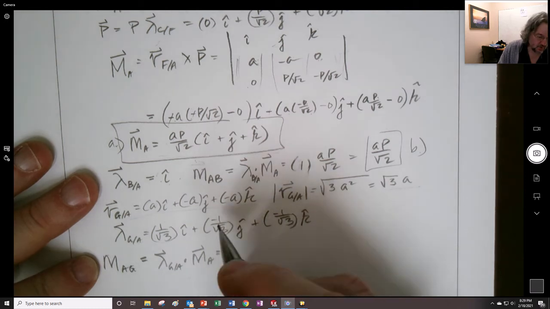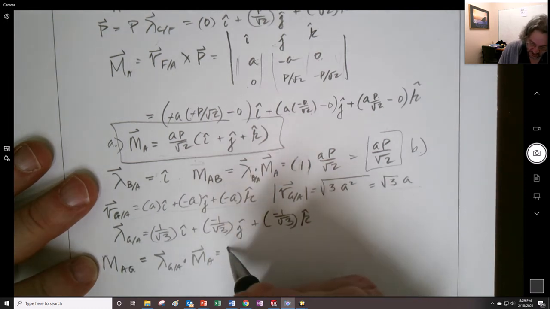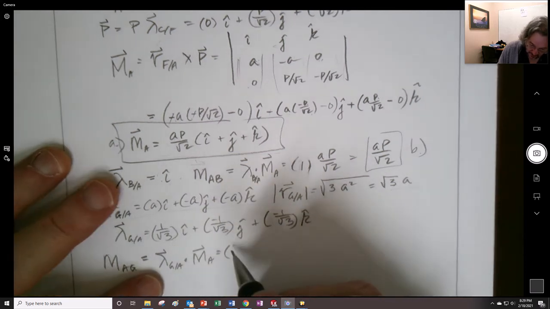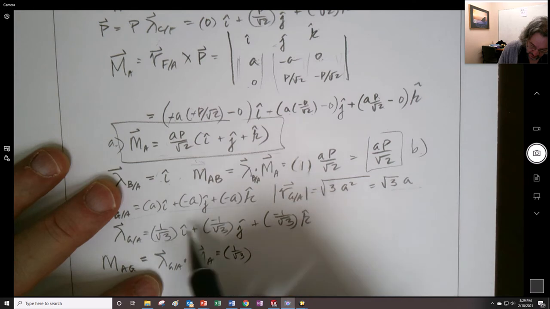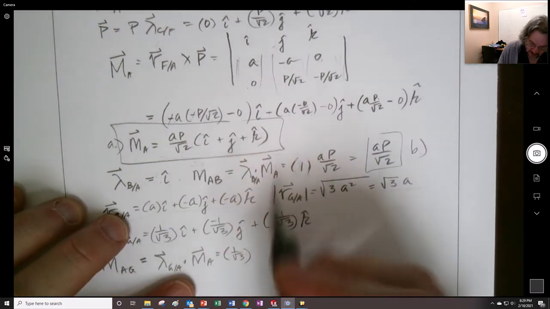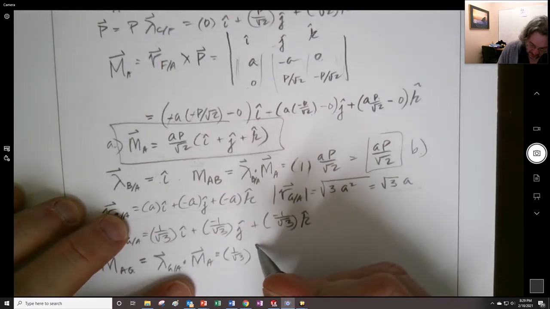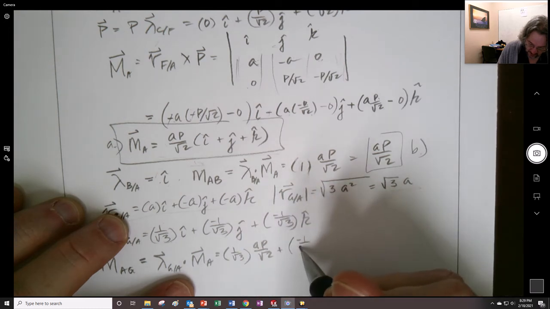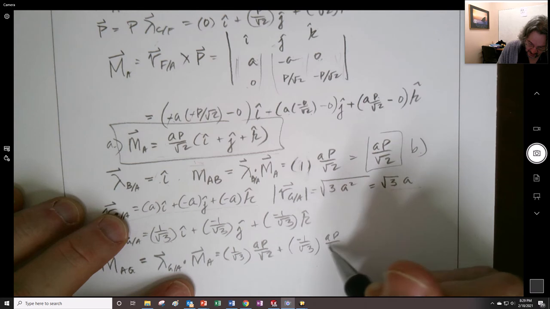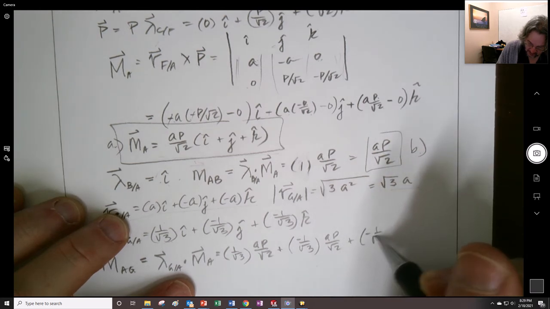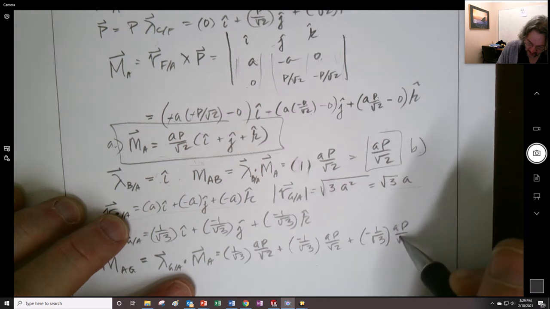And so what we're left with right here is, let's see, where are we? Right here. 1 over the square root of 3 times, and they're all actually the same thing. So we go AP over the square root of 2, plus negative 1 over square root of 3 AP over the square root of 2.